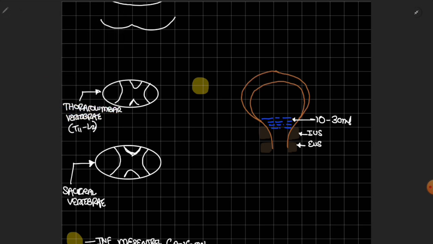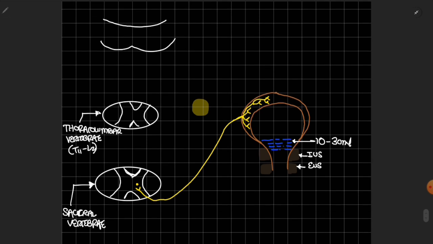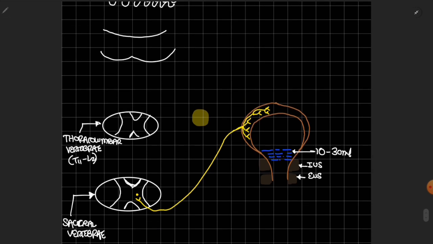These are some sensory nerves, branched structures. The sensory nerves carry impulses and go to the sacral vertebrae and synapse here.